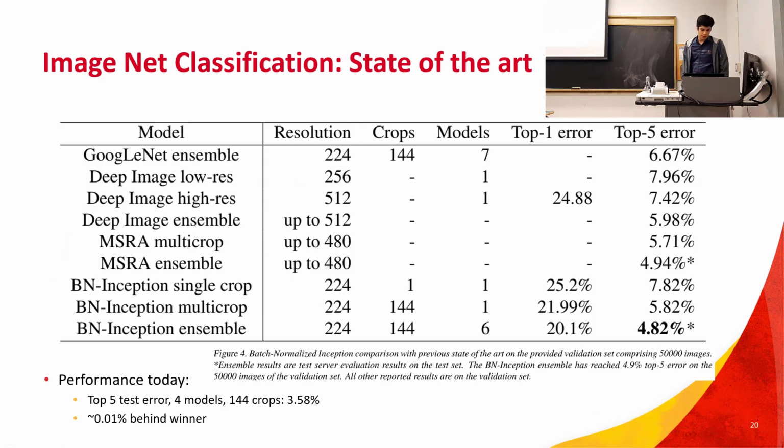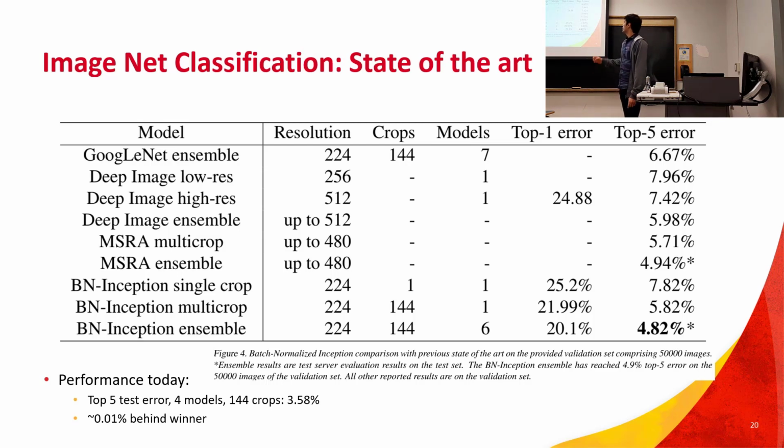All right, the last one is to point out the state-of-the-art ImageNet classification, which is basically they used an ensemble method to get to a better accuracy than the MSRA ensemble, which we studied, I think, last week, and that was 4.94.